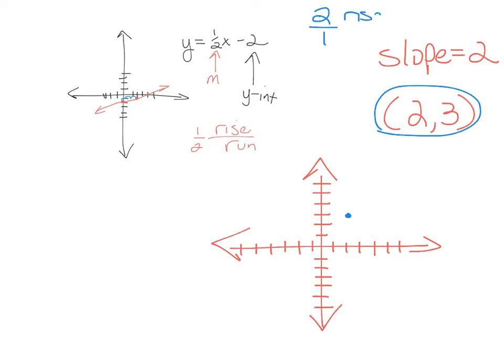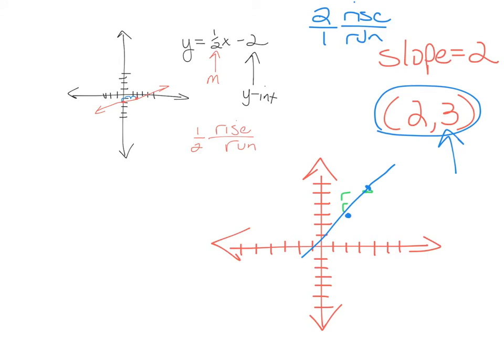So now I have rise 2 and run 1 from this starting point. So I would go up 2, 1, 2, and over 1. And then I can connect my dots and make my line.